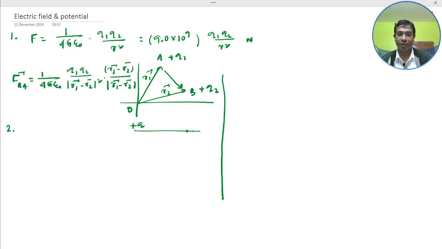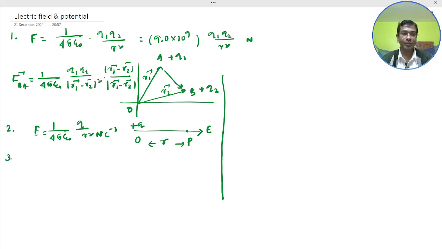For the point charge plus Q, the electric field at point P, with OP equal to R, is defined as E equal to 1 by 4 pi epsilon naught Q by R square, in newton per coulomb.